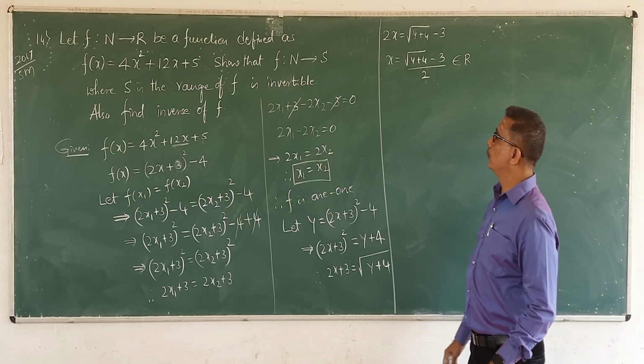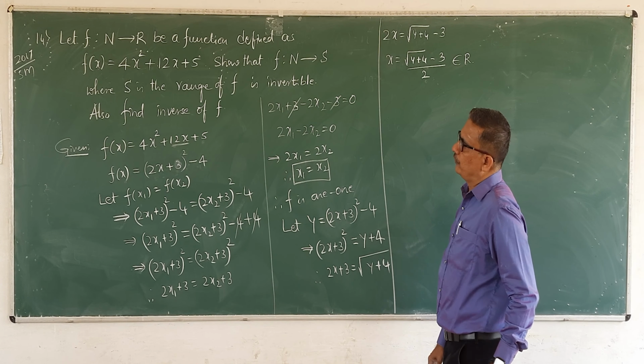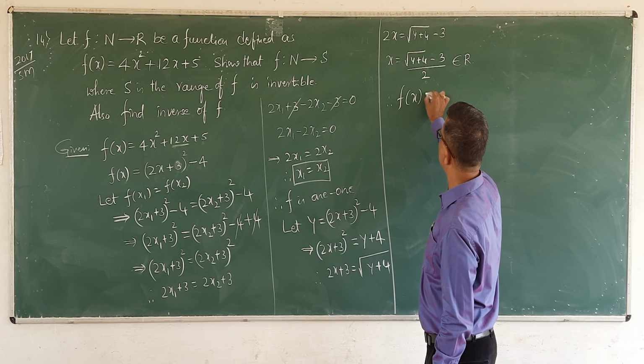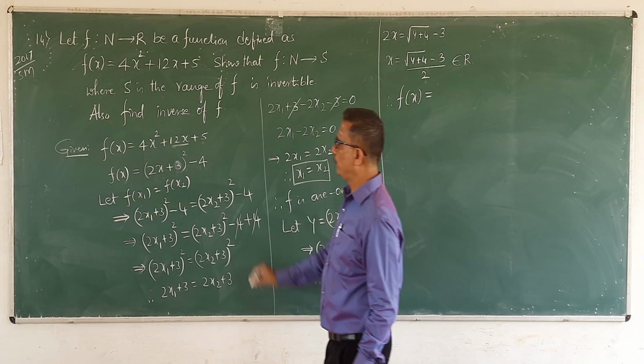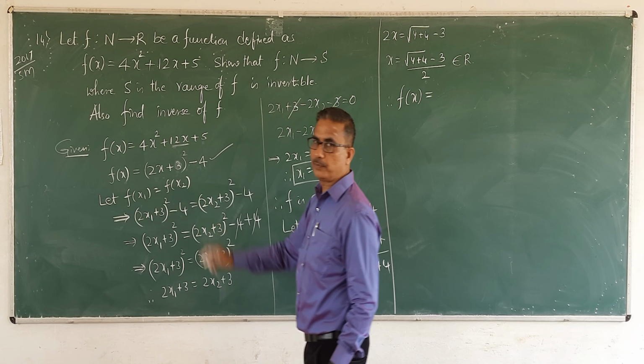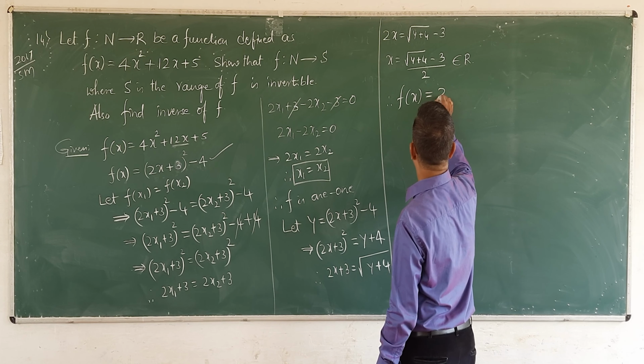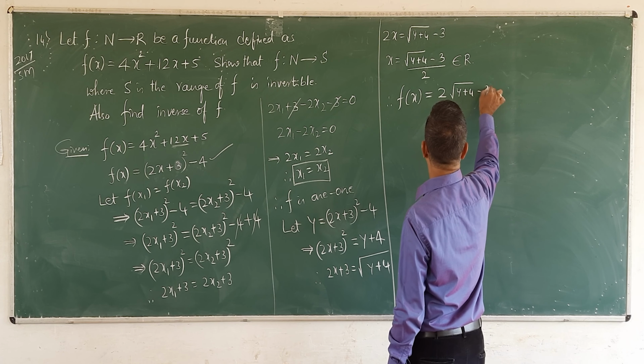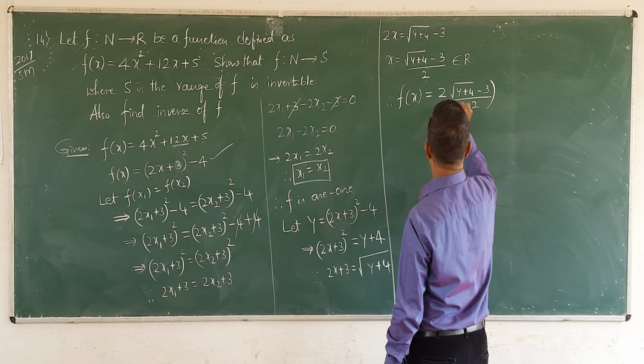Okay, then to prove that f of x equal to y, therefore f of x is equal to, what is the f of x value? (2x plus 3) whole power 2 minus 4. What is the x value? (Root y plus 4 minus 3) divided by 2.